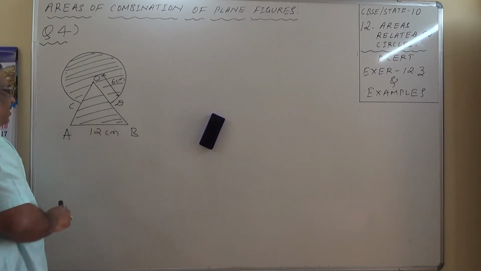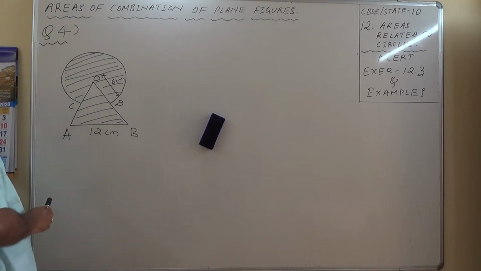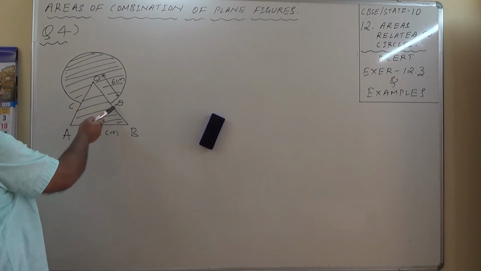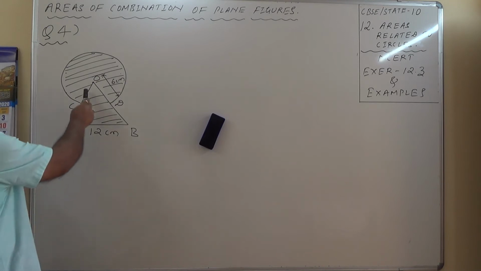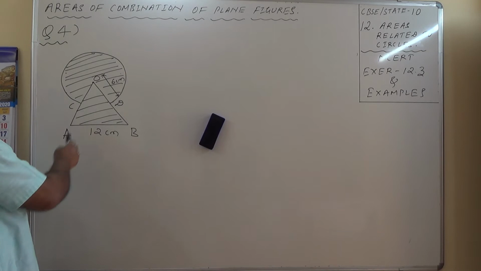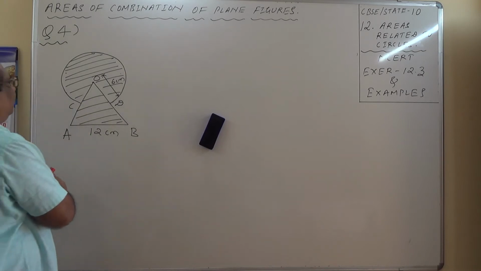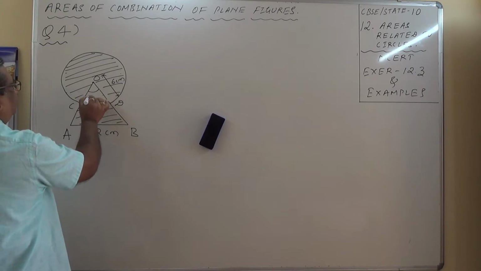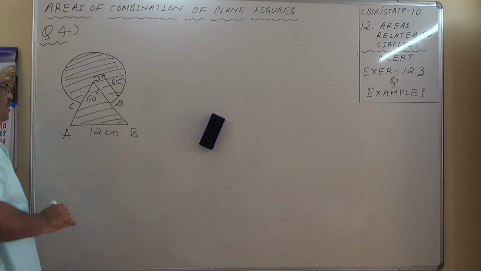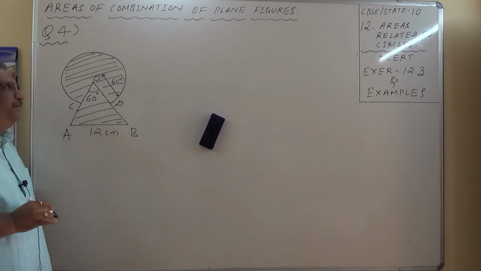OAB is an equilateral triangle of 12 centimeter side, and OD is 6 centimeter. Now what is the angle AOB? As this is an equilateral triangle, this angle should be 60 degrees.